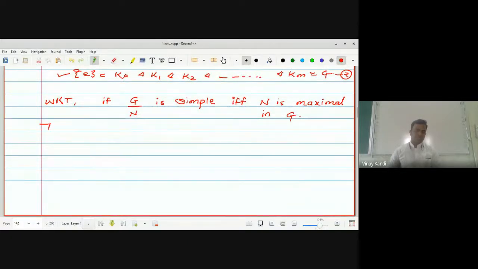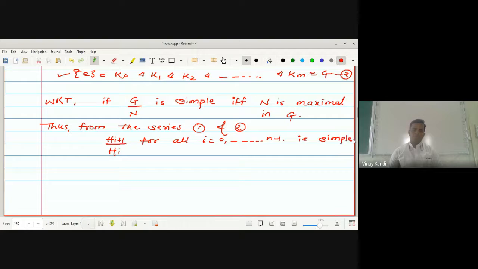Okay, thus from the series 1 and 2, what is Hi plus 1 upon Hi for all i running from 0, 1, 2 up to n minus 1? If i is equal to n minus 1, we get Hn upon Hn minus 1. So Hi plus 1 upon Hi is simple.